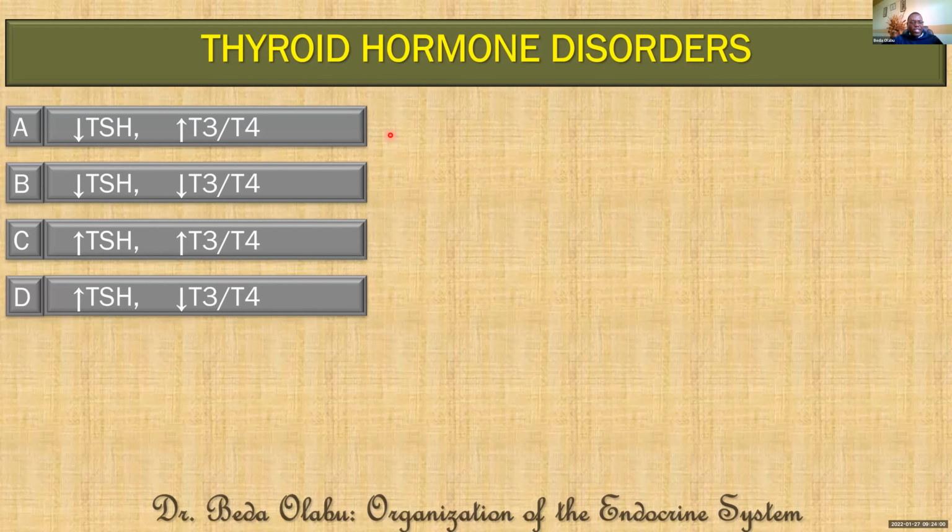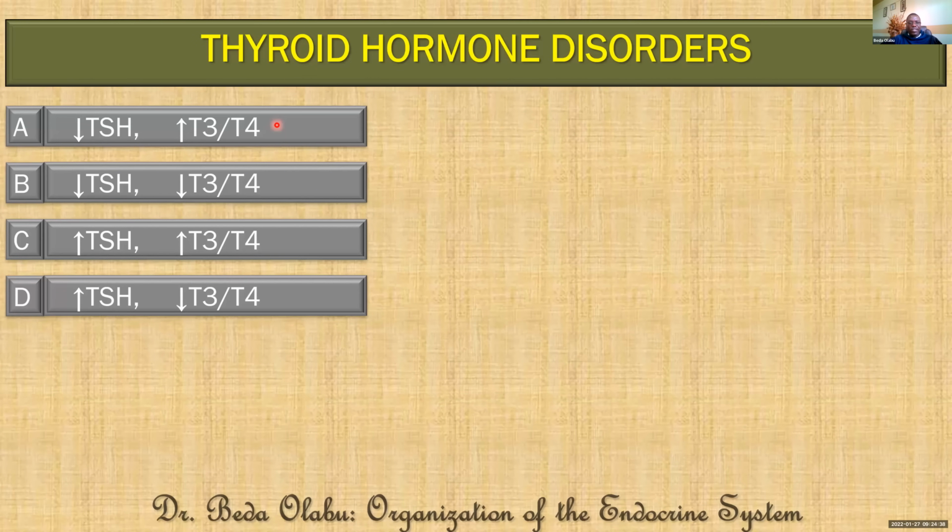I want us to give some names to the diagnosis that we are seeing here. This is how we classify thyroid disease. We base it on the levels of T3 and T4. If the levels of T3 and T4 are elevated, we call that hyperthyroidism. And if the levels of T3 and T4 in the circulation are low, we call that hypothyroidism.